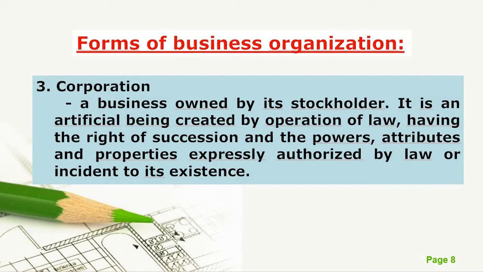There is still a fourth form of business organization, that is cooperative. It is somewhat similar to a corporation, but there are some features that differ. For example, for cooperative, it is one-member, one-vote only. But for corporation, your voting rights will depend on the number of stocks that you own in a certain corporation.